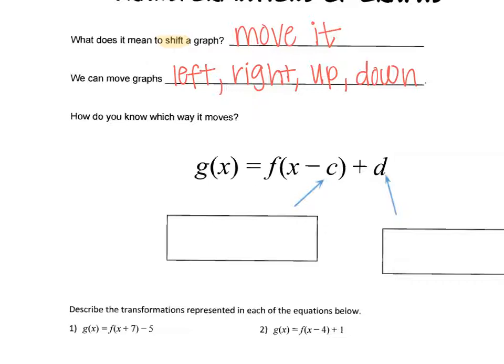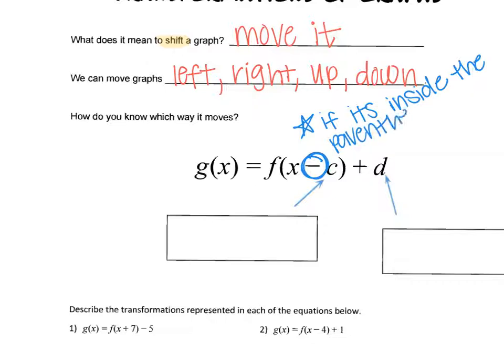Now, because this in the formula has minus c, what's really happening is if it's inside the parentheses, it's the opposite.